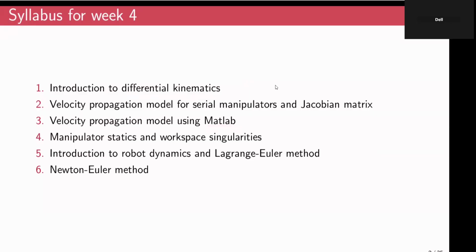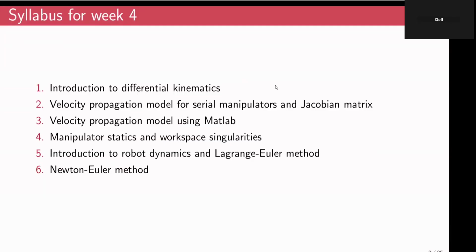The way these algorithms are formulated is in a recursive manner. So if your robot has multiple links, using the recursive velocity propagation, it's fairly easy and straightforward to propagate velocities from all the joints, starting from the base all the way to the end effector. Then we have also seen the propagation of forces and moments when the robot is in a static equilibrium position.